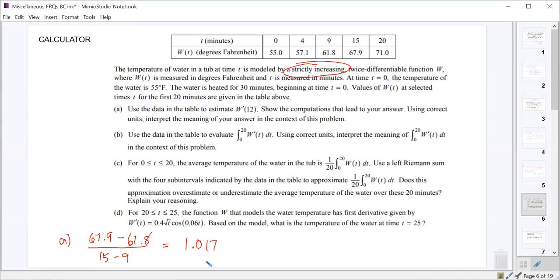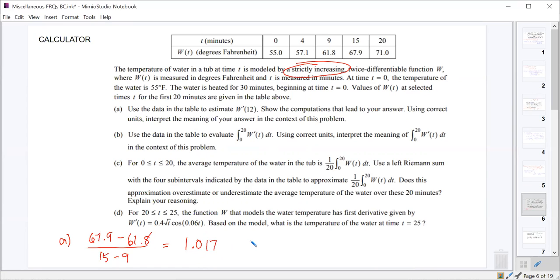And doesn't specify units this time, does it? Oh yeah, it does. Using correct units, interpret what the meaning of this is. So this is the derivative of W, so this should be the rate of change of the temperature of the water. Since it's a positive number, it tells us it's increasing.